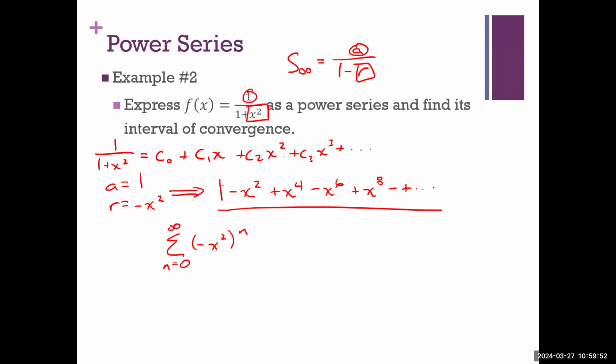I can build out that whole sequence by multiplying each term by negative x squared to get the next one, and continue that indefinitely. That's where these lists of terms come from. And then we can compact them all into this sigma notation to get the power series.